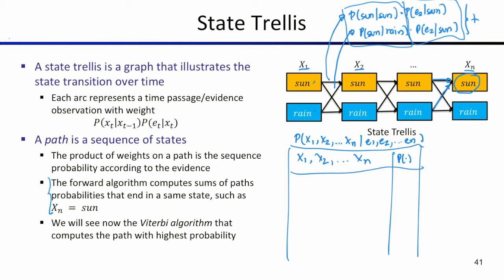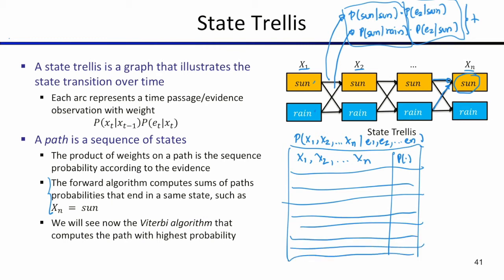And while we have this huge table that, okay, we'll never compute because it's going to be exponential in size, at the end what we are doing is looking at everywhere that we have sun here for xn. We are going to do the summation of all these probabilities here, and this is going to be this guy. And for all the rain entries here, we're going to sum all those probabilities, and it's going to be the probability of rain. So basically that is what is going on with the forward algorithm.